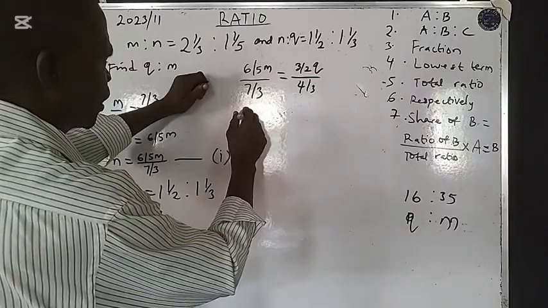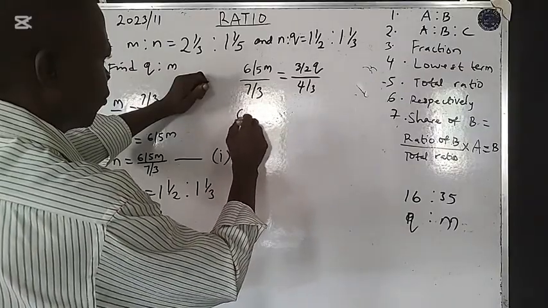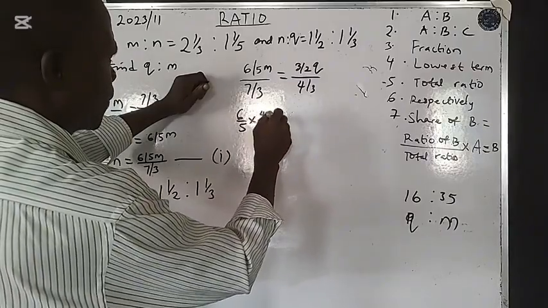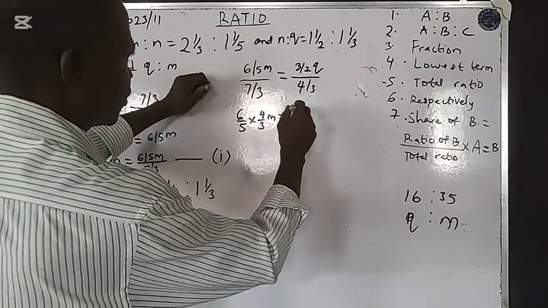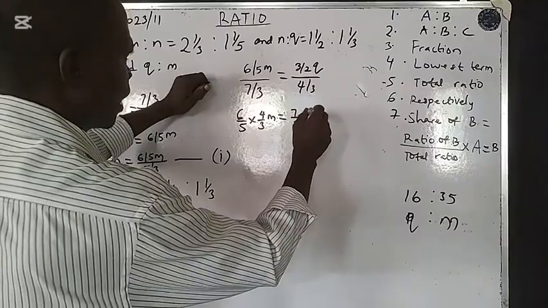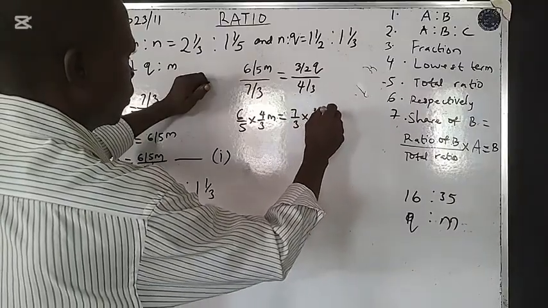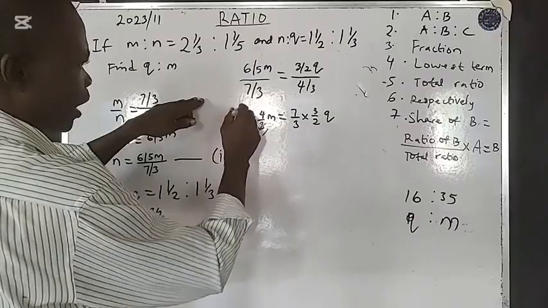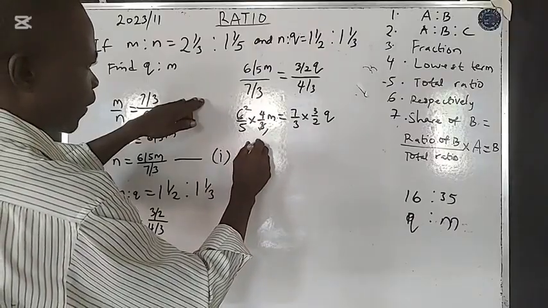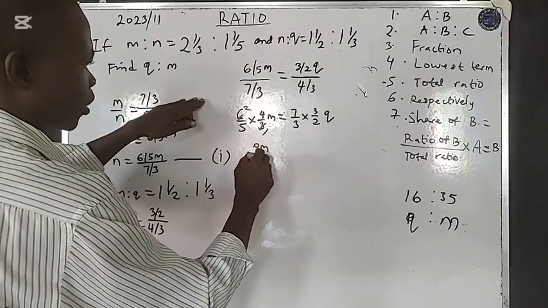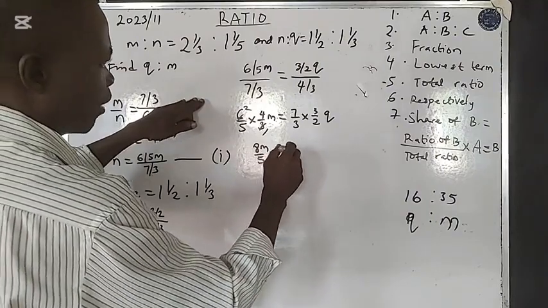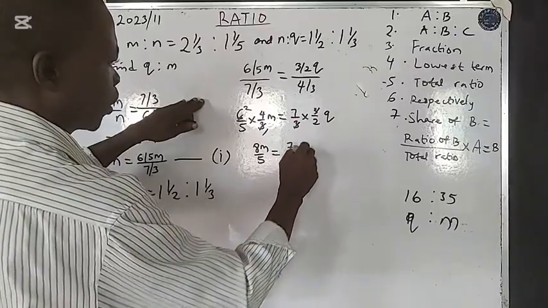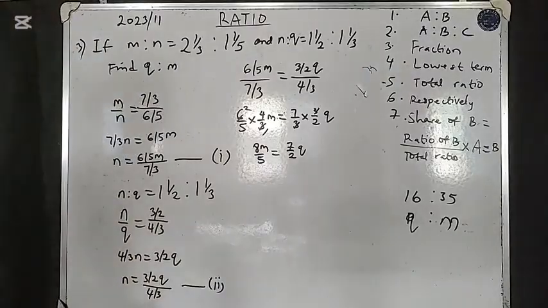So we have, let's write like this: 6 over 5 times 4 over 3m, right? Then we have 7 over 3 times 3 over 2, and we write q. What can go? 3 here 1, 3 here 2, right? So we have 8m over 5. Then we have 3 cancel 3, 7 over 2q, right?